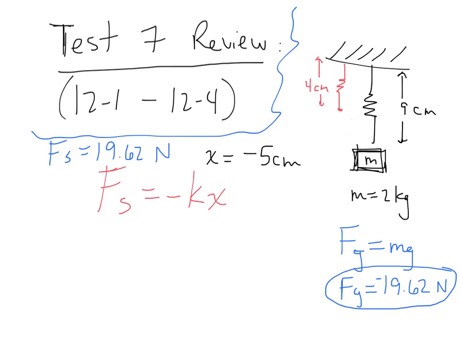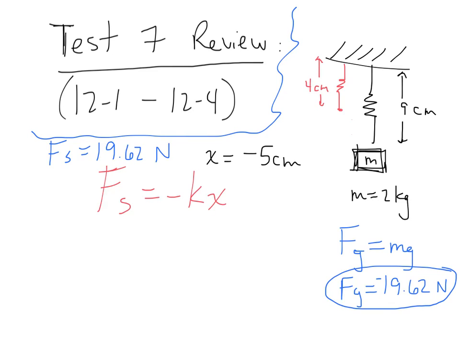So if I were writing this into a word problem, here's how I would write it. I would say, the free length of a given spring is 4 centimeters. When a mass of 2 kilograms is suspended from that spring, its stretch length is 9 centimeters. Based on this information, determine the spring constant. So you don't give it to us.